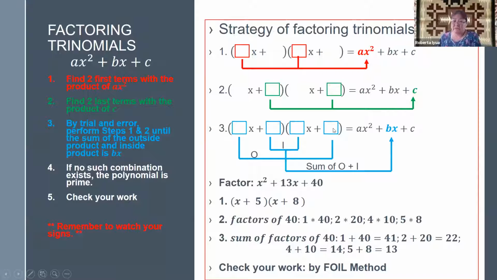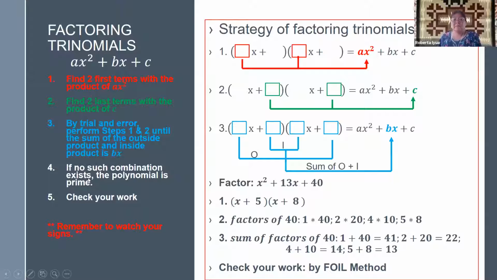Adding that, after you multiply those together, you add that to the product of your inside, which is you multiply the last term of your first binomial times the first term of your second binomial. You'll add those two together, and it should come out to your bx.